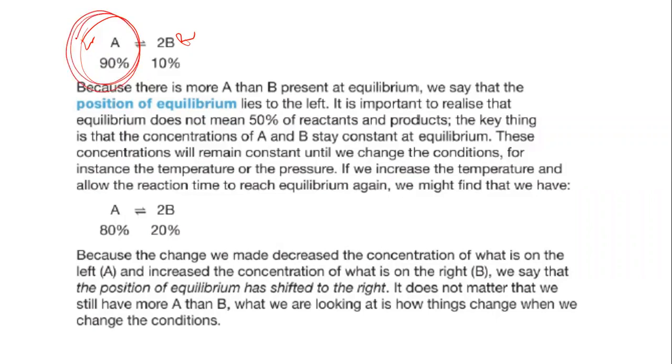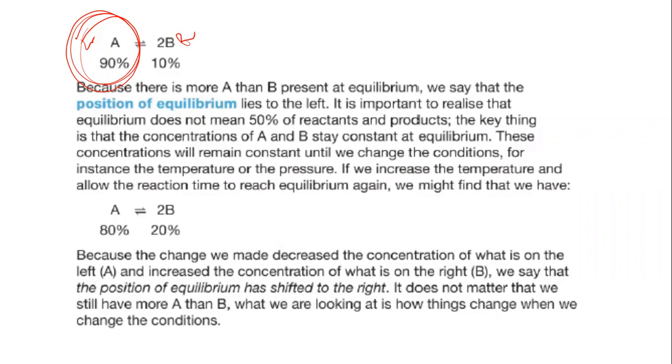The position of the equilibrium is towards the left side because I have more reactant rather than product. Like I said, equilibrium does not mean that product and reactant will be equal to each other. It's just that their concentrations will not be changing, but they will not be equal to each other.